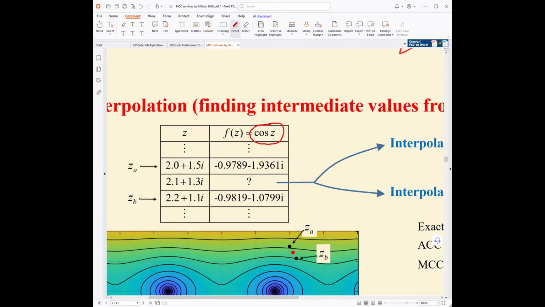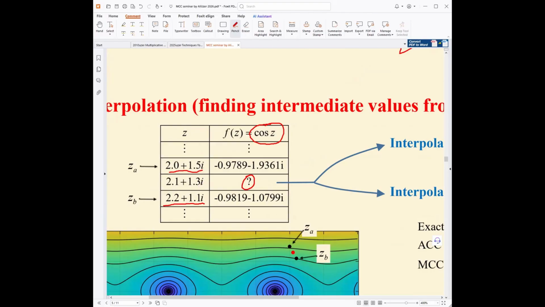The values of this function at different arguments, like 2.2 plus 1.5 and 2.2 plus 1.1, are known from the table. Then consider a case study: estimate the value of the function at 2.1 plus 1.3, just at the midpoint between these two complex numbers.